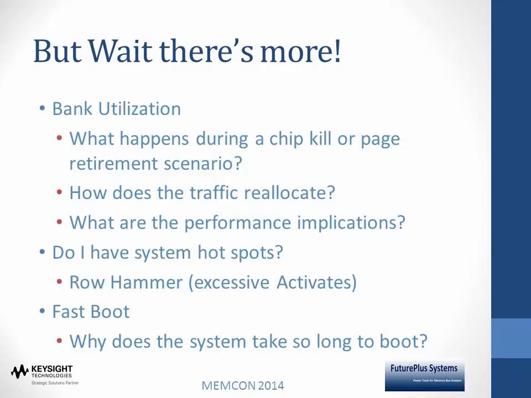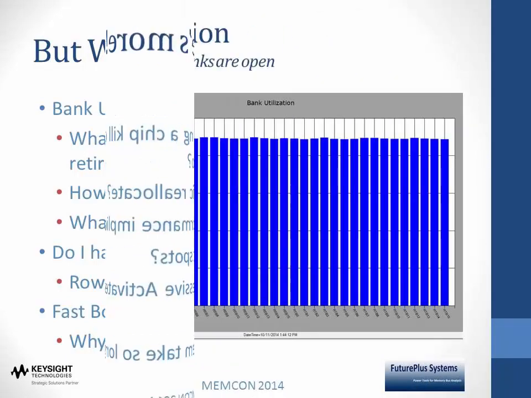Bank utilization can also identify system hotspots and can potentially identify a row hammer situation, which is excessive activates to a single row address. That can cause undetected data corruption if done within a retention cycle. Lastly, we have bus mode analysis, which can help us create a faster boot time.